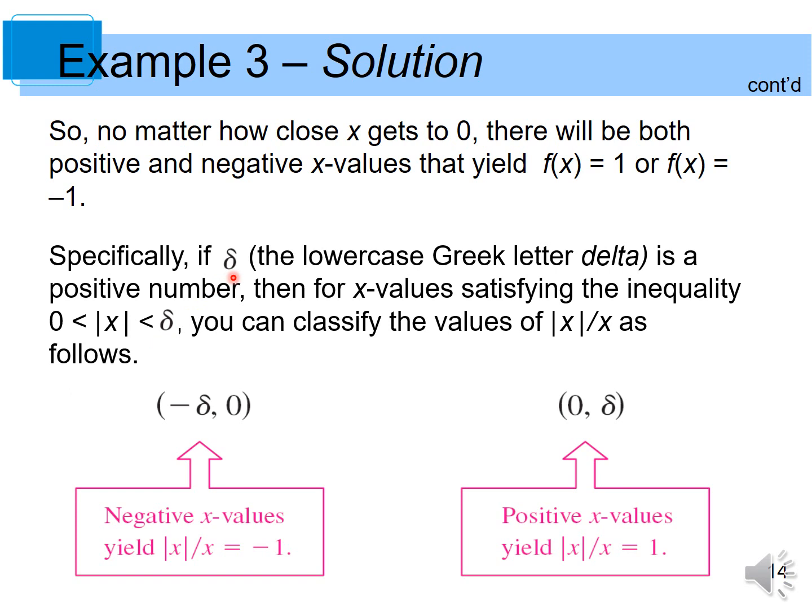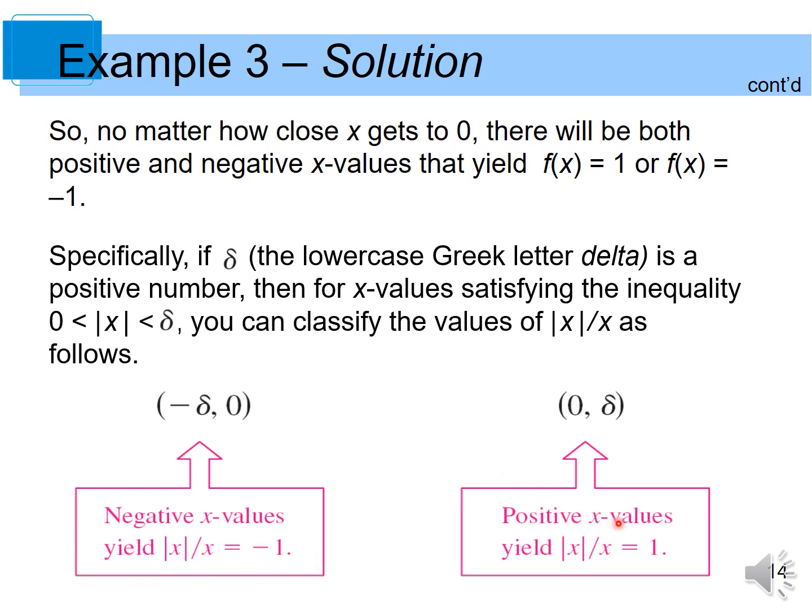Specifically, if delta is a positive number, then for x values satisfying the inequality that the modulus of x is between 0 and delta, you can classify the value of modulus of x over x as follows. For negative x values, so it's between negative delta and 0, the function produces negative 1.